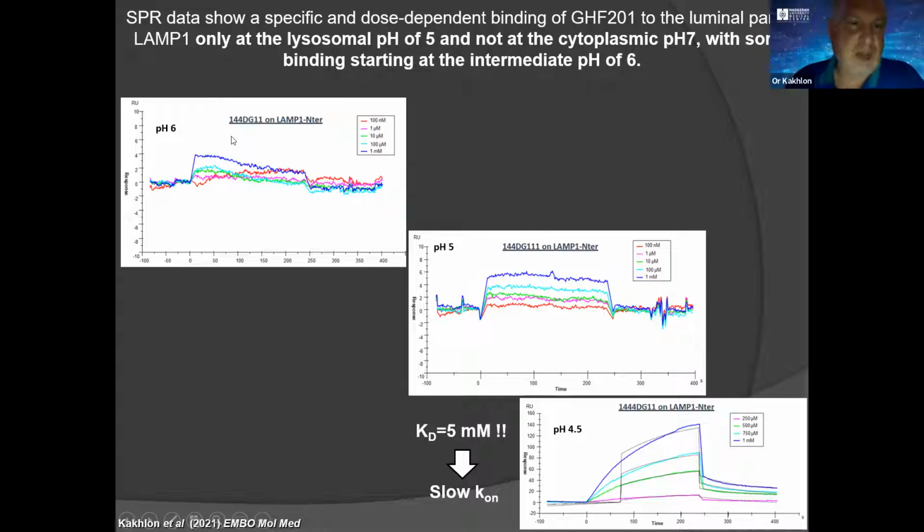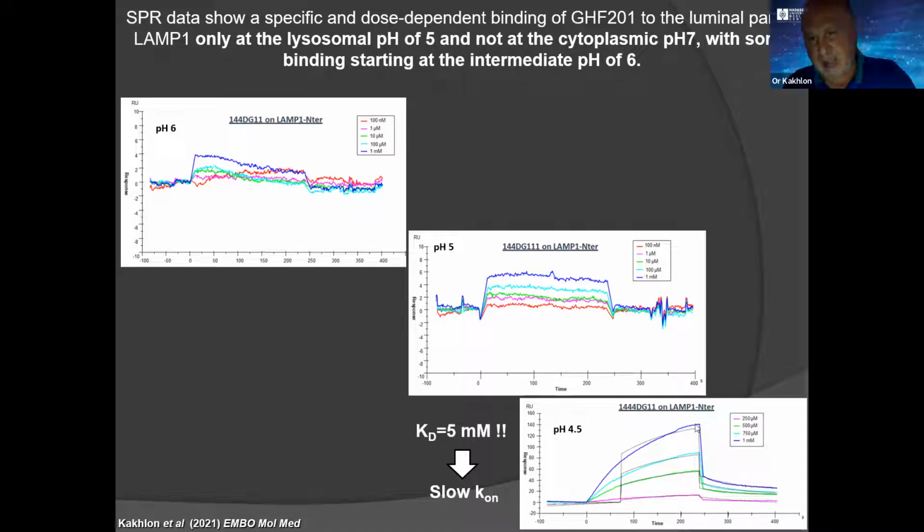And we noticed something interesting. We saw that there was no binding at pH 7. However, in the acidic pH of the lysosome, we saw binding. So the binding got stronger as we decreased the pH from 6 to 5. And then when we got to the lysosomal pH of 4.5, we saw specific binding. This is the plot you're looking for.